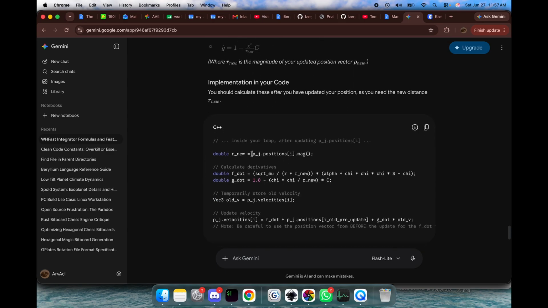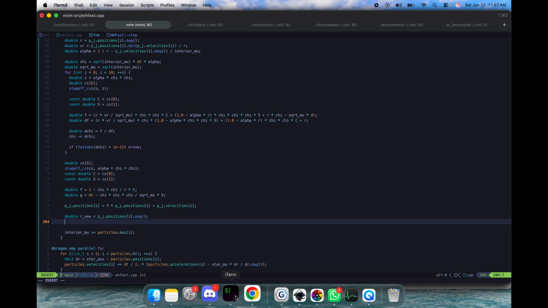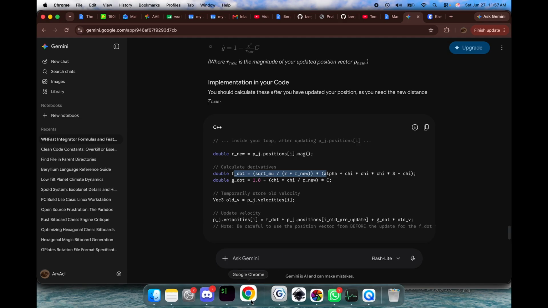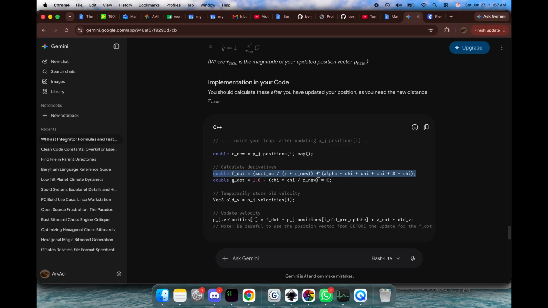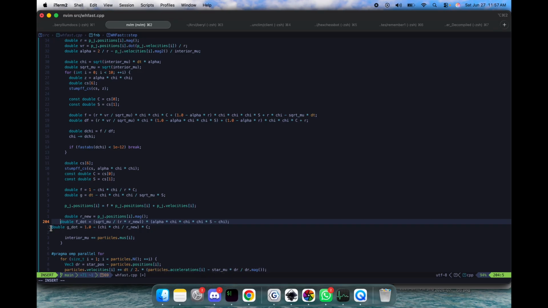So our new is pj dot position index I dot mag. Now f dot equals this. And now we multiply. Now we just copy this. Copy this. Okay.